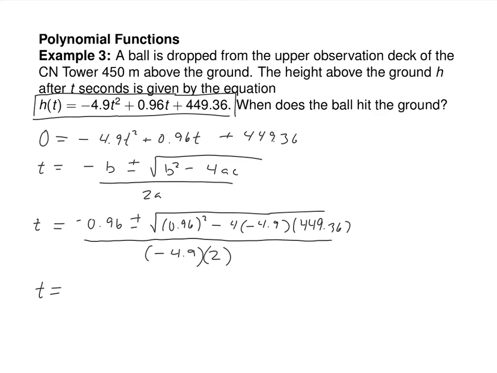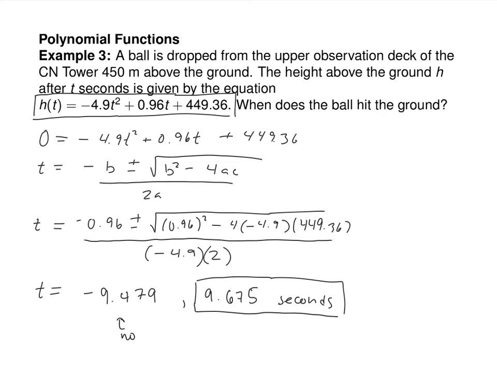How many answers are you going to get, by the way? You're going to get 2, because of that plus or minus. One of them is negative 9.479, and one of them is 9.675. One of those numbers makes no sense in this context. Which one? The negative one, okay? So it is this many seconds after being thrown that the ball will hit some poor Joe Schmo who's on the ground.